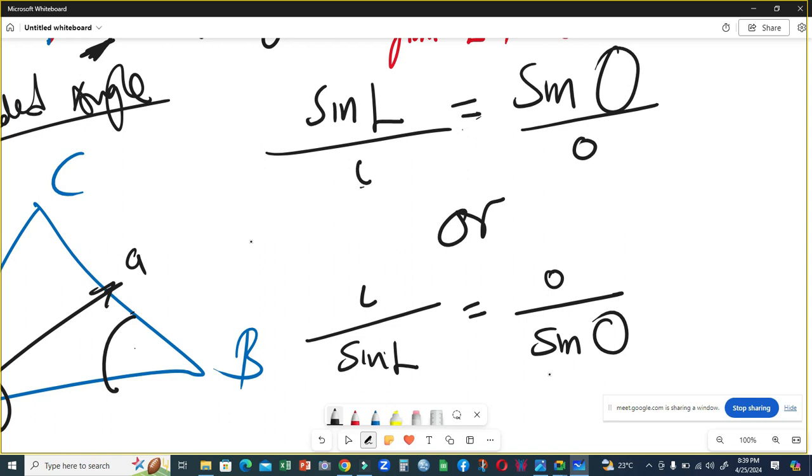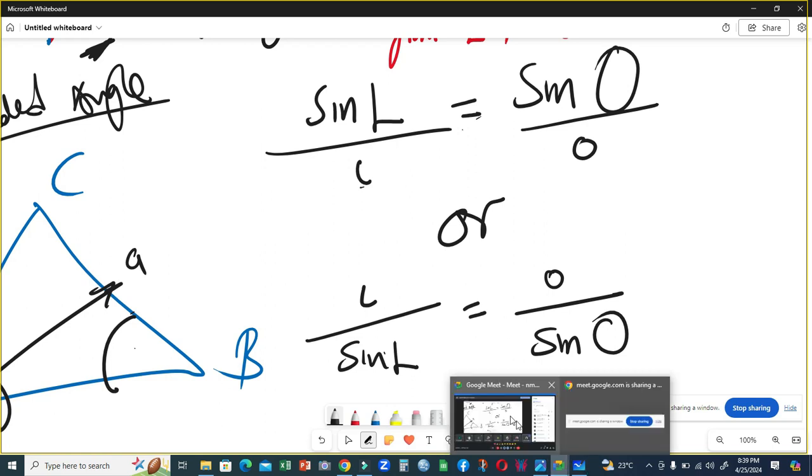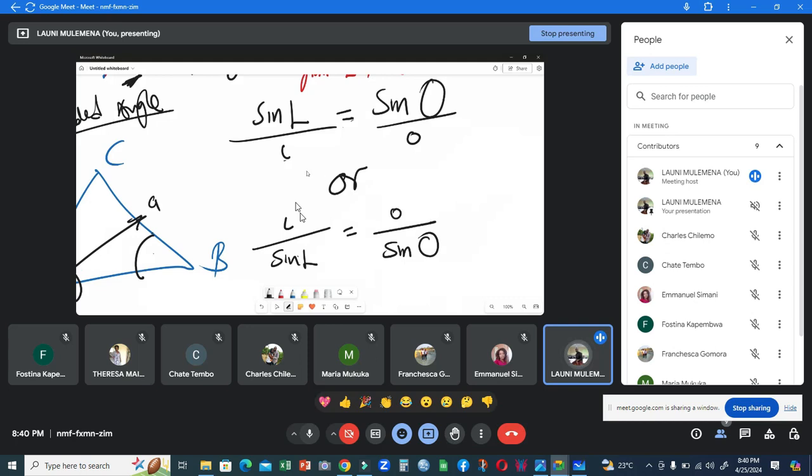So now, Madam Faustina, this is the formula for the sine rule, where you need to make a choice. Should you put the sides on top and the angles and sine down? That's your decision to make, because regardless of the route that you are going to use, the answer is the same. Secondly, you need to use the letters which have been given in the triangle, because if you use other letters, they might suspect you.